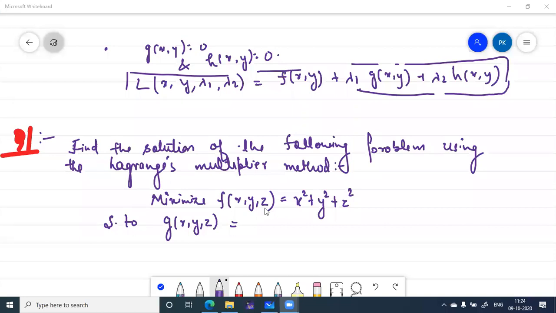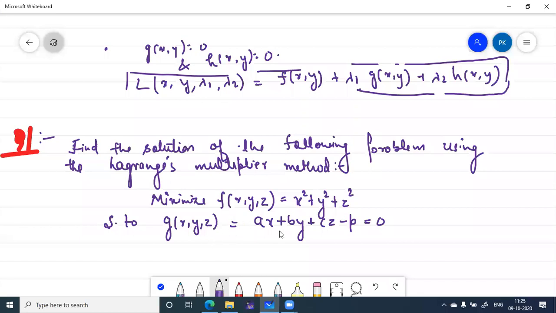It's equal to ax plus by plus cz minus p equals 0. So you have to find the solution using Lagrange's multiplier method. First thing is we have to construct the Lagrangian function.